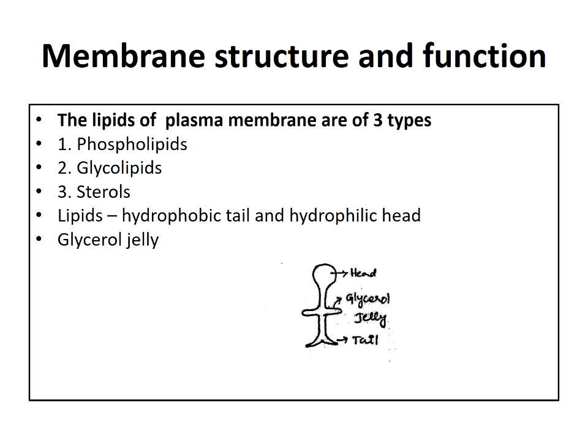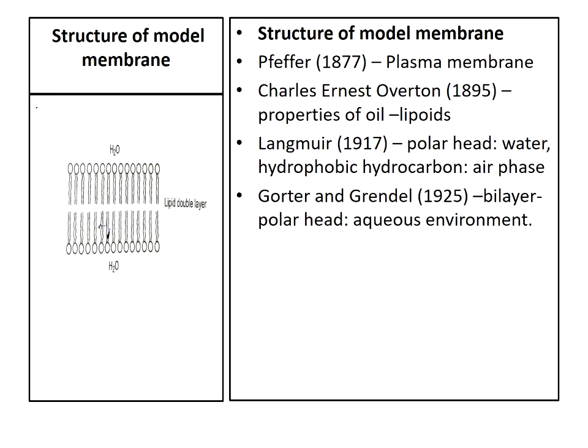In the diagram you may observe these lipid layers, which are double in layer, so we call it the lipid double layer, and also we can observe the two protein layers.